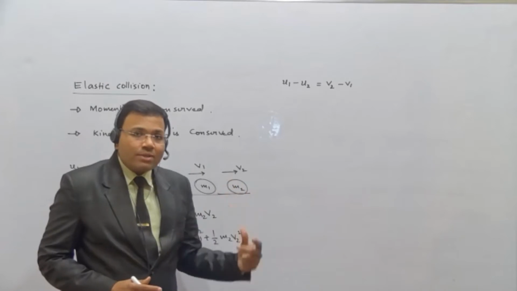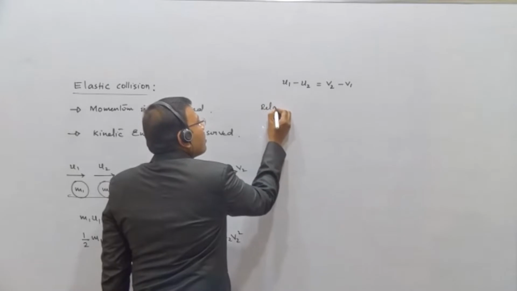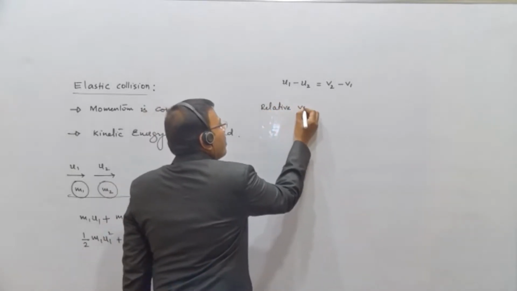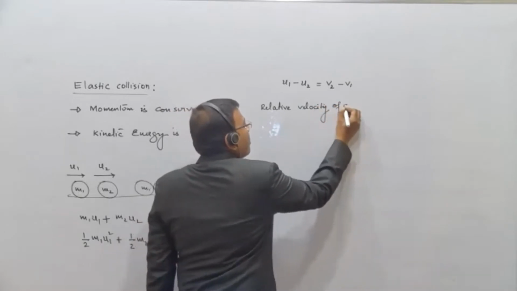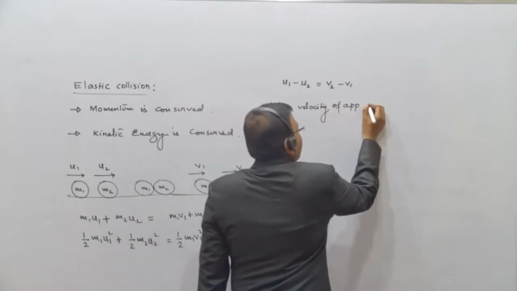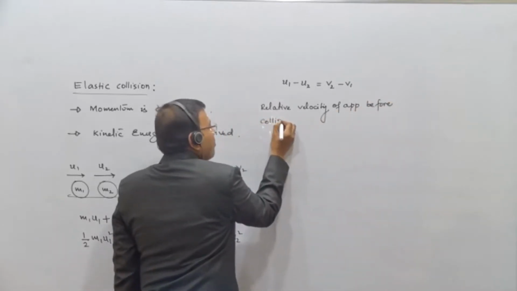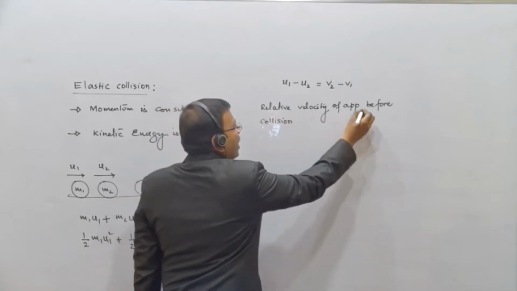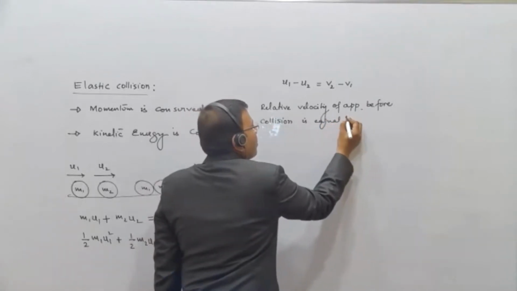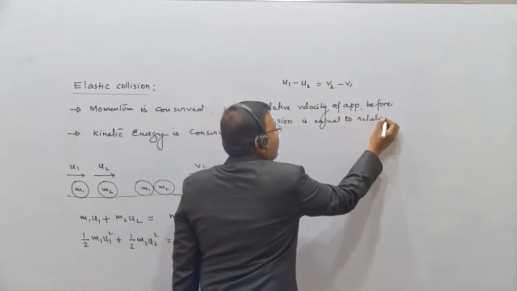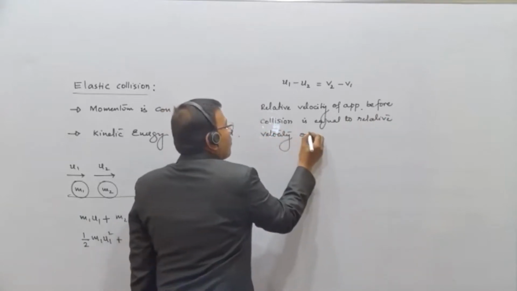So let me write that statement because that is a very important statement. Relative velocity of approach before collision, because before collision they are going to approach, is equal to relative velocity of separation.